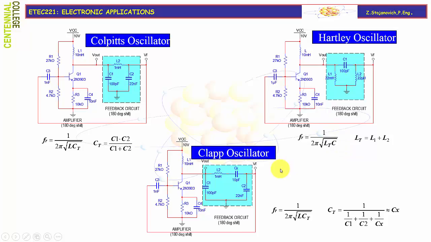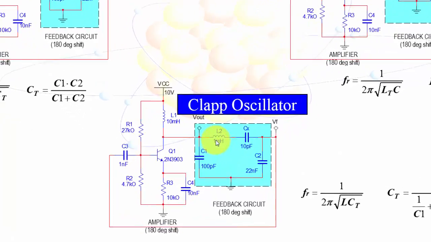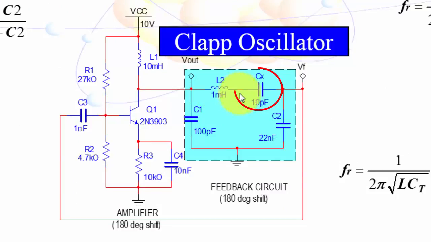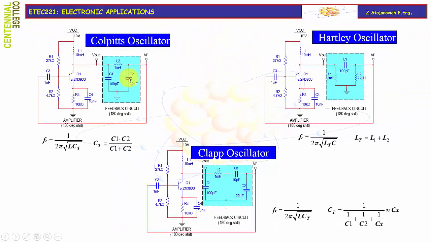One interesting modification of Colpitts oscillator is a so-called Clapp oscillator, where the inductor in the feedback network has a series capacitor with a very small capacitance. Now, if you look at the original Colpitts oscillator, you will notice that there is no load attached to it.